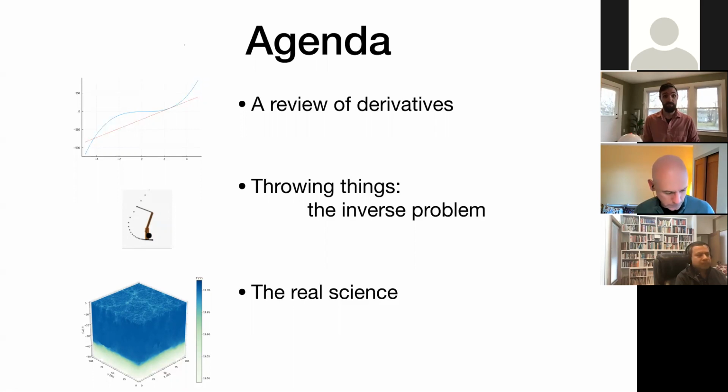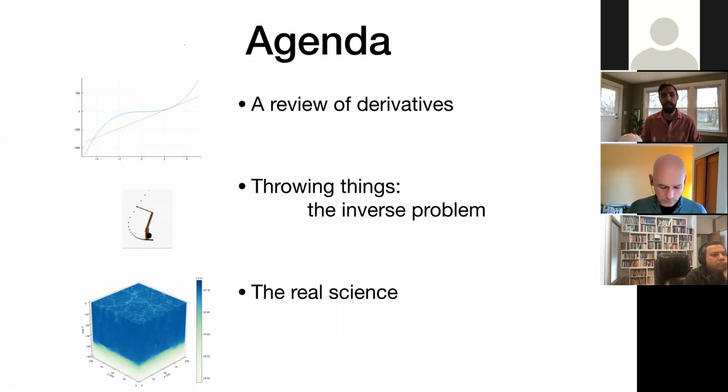So we'll start off with a very, very brief review of derivatives for those of you like me for whom it has been a long time since you've been inside a calculus classroom. Just a very brief overview of what they are and how we work with them. But then I want to do a deep dive into what's commonly called the inverse problem.